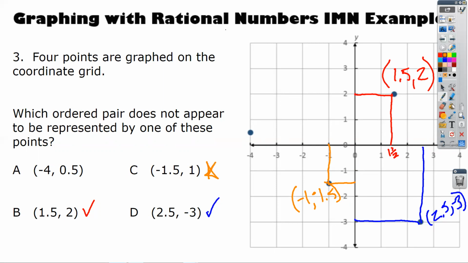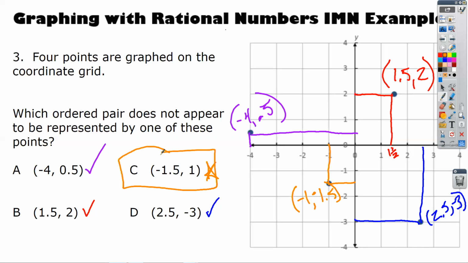Kind of looks like this one, but that one looks backwards. So it's not quite. And then let's check the fourth one. X-axis is at -4, y-axis is at 1/2, and there's that one. So the correct answer should have been C, because it says which one does not appear.